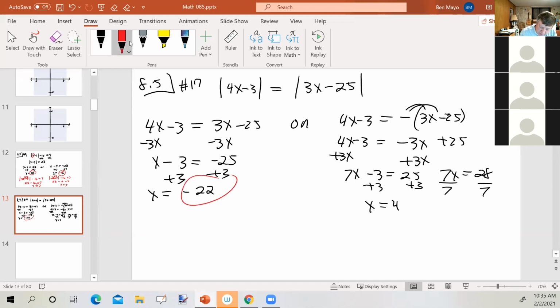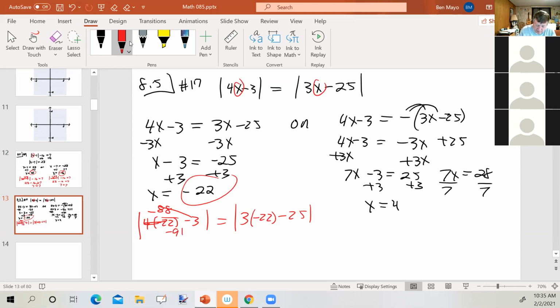Let's take the negative 22 and put it there and there. So we get the absolute value of 4 times negative 22 minus 3 equals the absolute value of 3 times negative 22 minus 25. 4 times negative 22 would be negative 88. Negative 88 minus 3 would be negative 91.